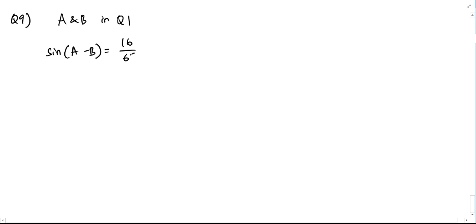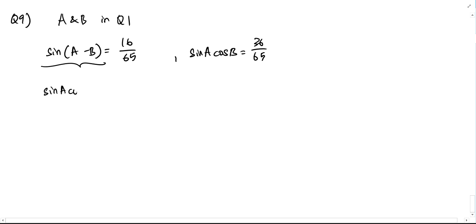Okay, another type of question. 9. A and B are both acute, so A and B are in quadrant 1. They tell us that sine A minus B is 16 over 65. At the same time, sine A cosine B is 36 over 65. Nothing we can do to this, but for this we can expand.